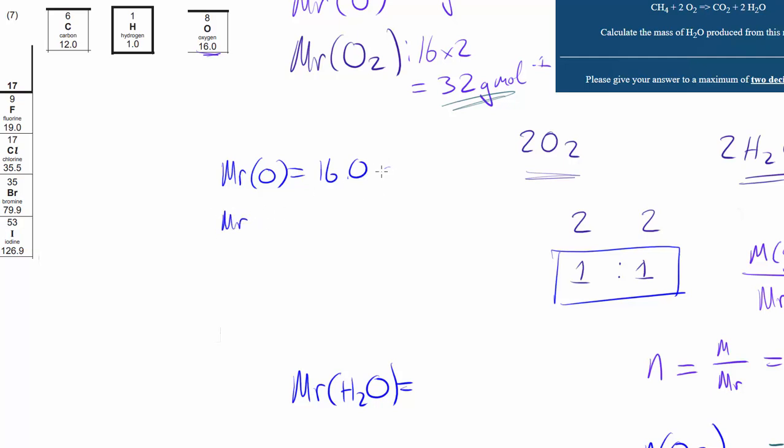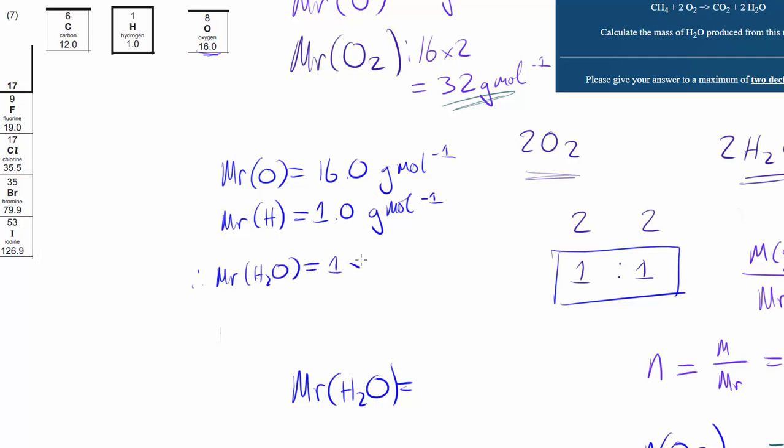I'm just going to put the units as well. The MR of hydrogen is equal to 1, right? Now, therefore, the MR of H2O is equal to 1 times 2, so H2, plus 1.